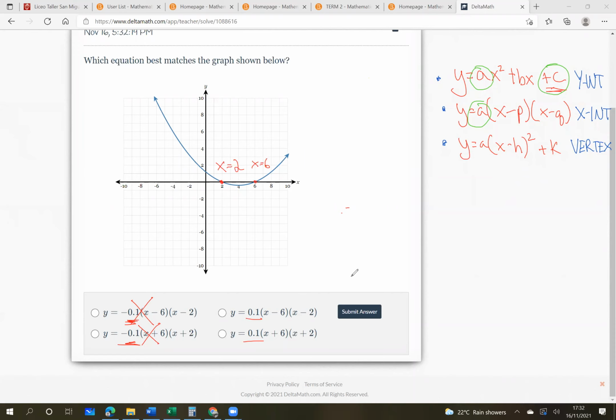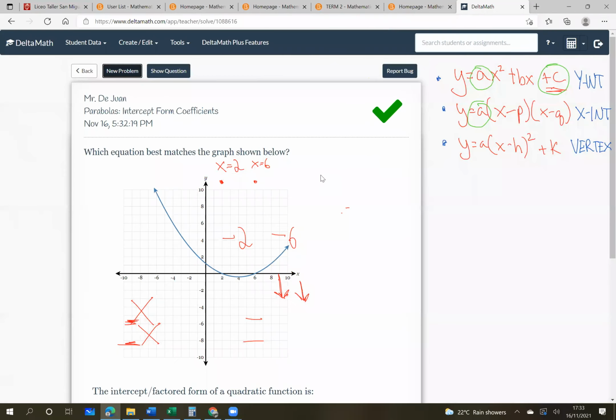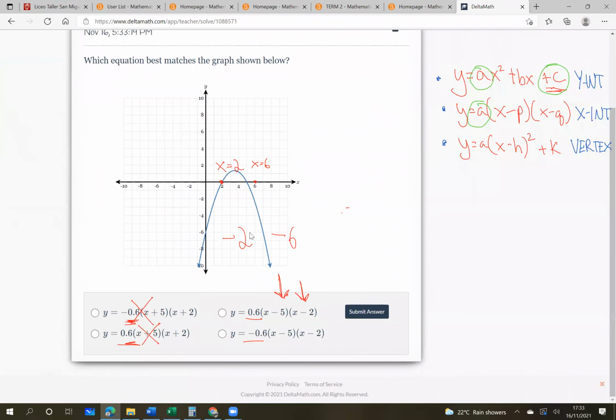X equals 2 and X equals 6. So the opuesto would be negative 2 and negative 6, which I see is right here and here. It has to be this one because the x-intercepts are the opuestos in the equation.